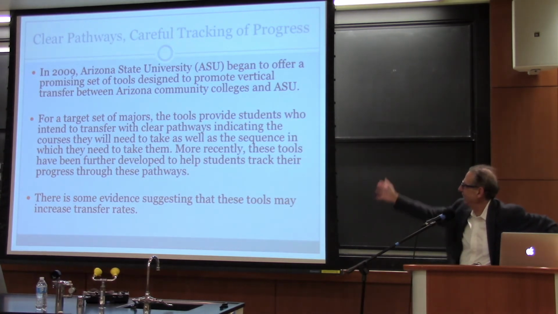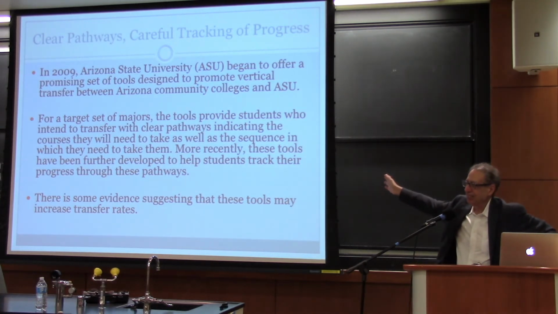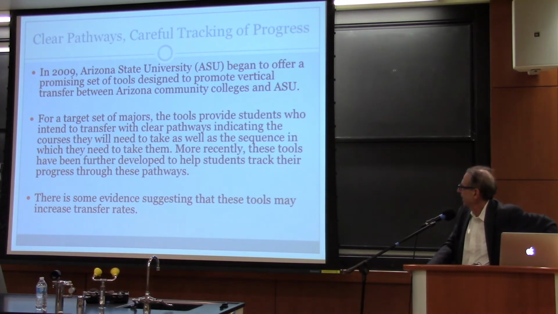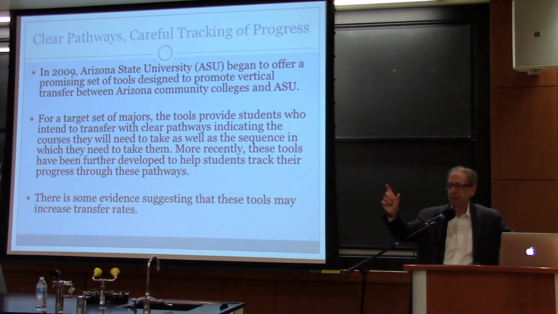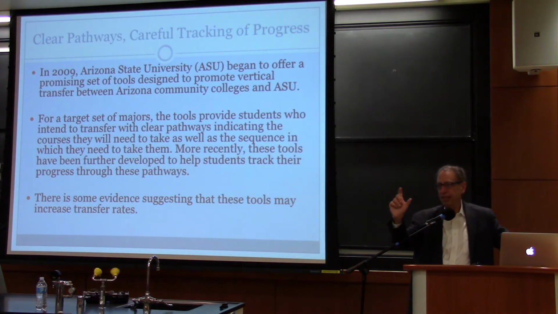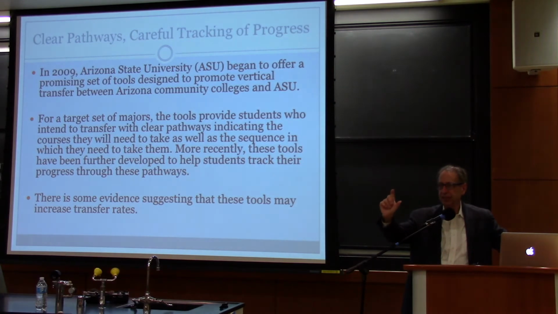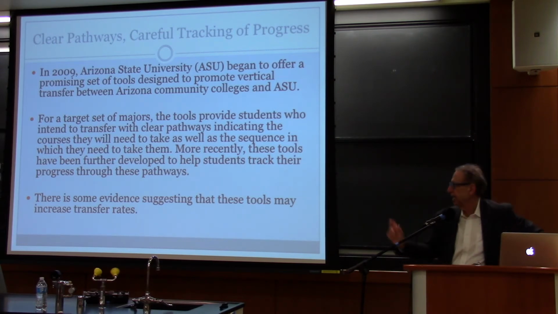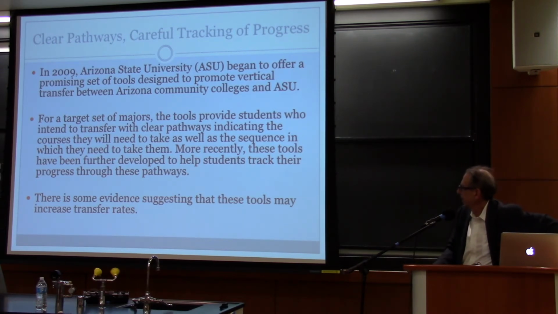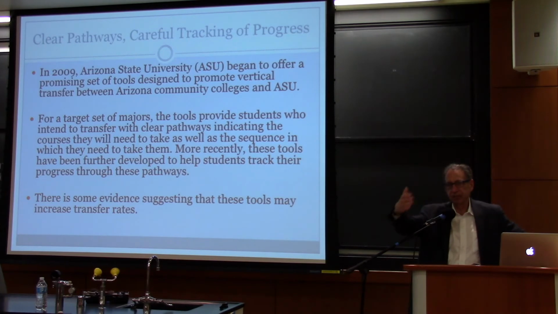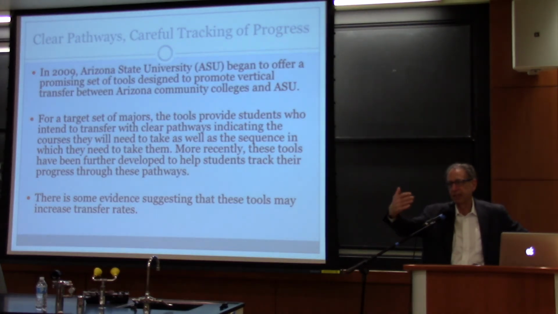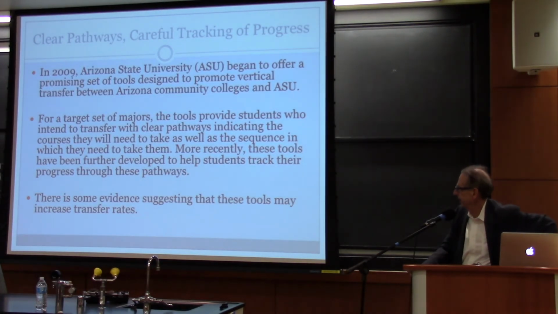But another thing that Arizona State University has done is they've tried to create clear pathways, very clear to the community colleges where they get a lot of students, exactly what the students need to take, the sequence of courses they need to take, how they're going to link to the majors at the university. They developed ways for students to track their progress through electronic means.